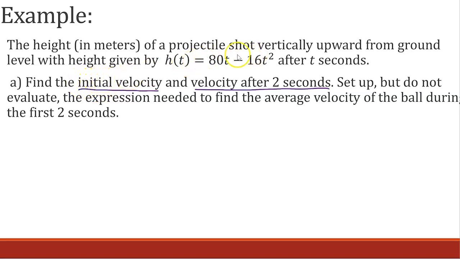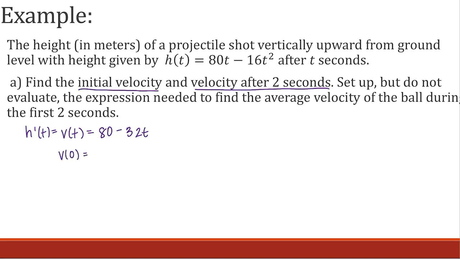So we need to take the derivative of this function, because this is essentially a position function. It tells us the height. To get to velocity, we're finding h prime of t, that's v of t, is 80 minus 32t by the power rule. And then we're going to plug in 0 to find the initial velocity.